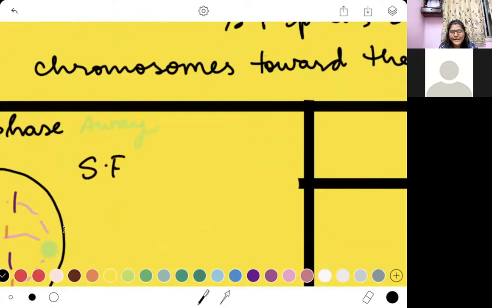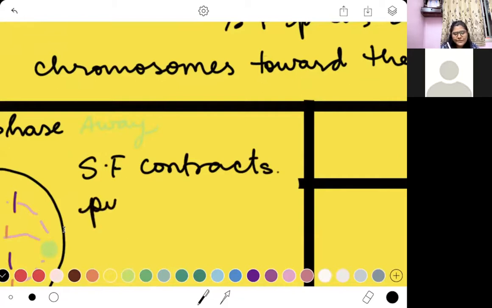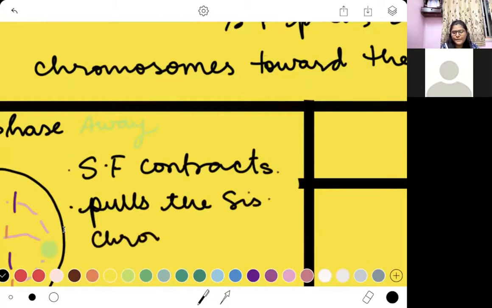Now we're just going to write down the key events. Your spindle fiber is contracting. While your spindle fiber is contracting, it pulls the sister chromatids apart.